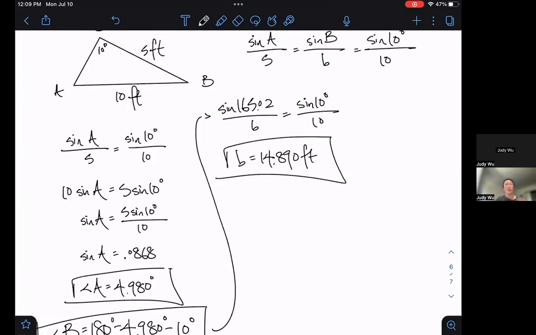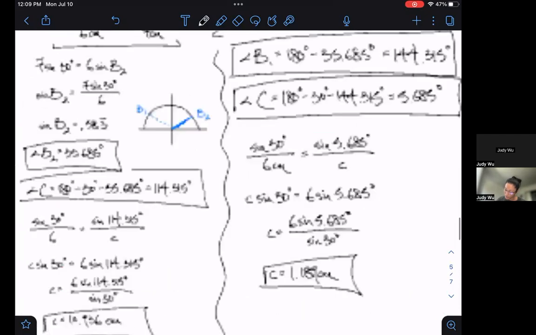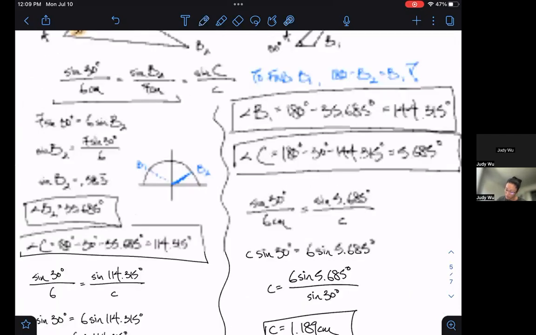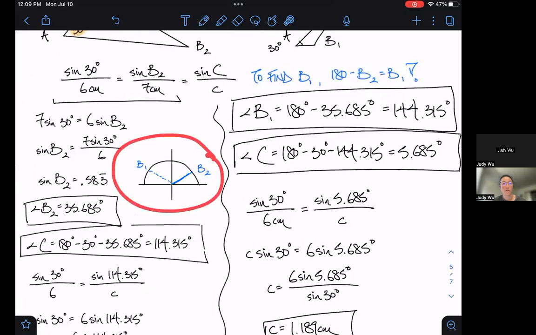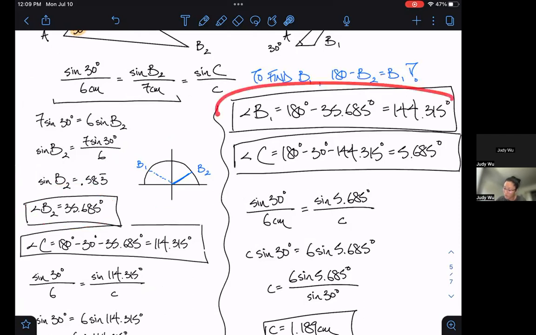Okay, so I found one triangle, but let me go back to this idea, right? Maybe I have an A1 and an A2, all right? So how did I find that last time? Once I found my A2 using the calculator, then I just subtracted it from 180 to find my A1. So let's do the same thing here.